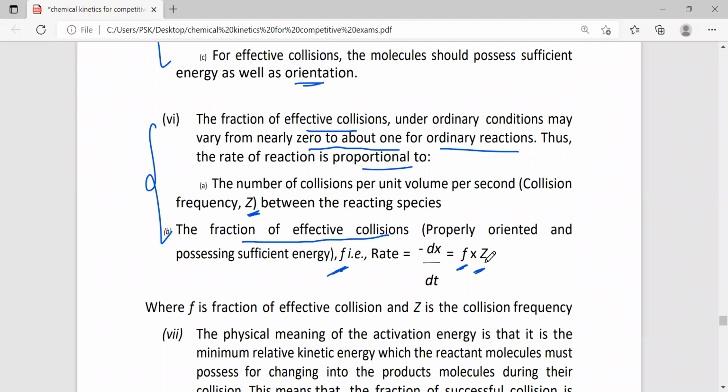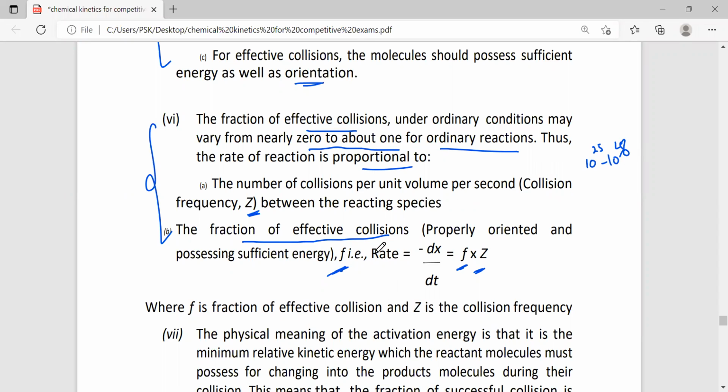We defined what is collision frequency: number of collisions per unit volume per second, or number of effective collisions per second per unit volume. The number of collisions per second per unit volume is of the range 10 to the power 25 to 10 to the power 28. We learned that even though the number of collisions is very high, only a few undergo what? Effective collision.